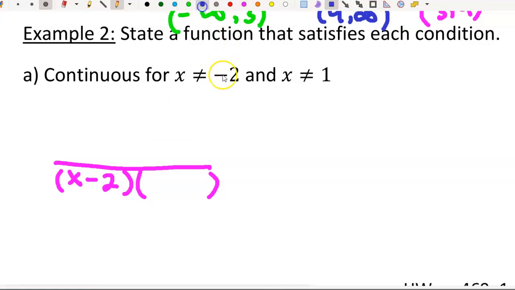Is that correct? No. If I plug in -2, I get -4. So I needed to plug in -2 and get a 0. So get the signs correct. If I plug in -2 to x plus 2, now I'm dividing by 0. Same thing over here. I need to get a 0 when I plug in 1. That's why it can't equal 1, because it gives me a 0 divided by 0. So I get there.